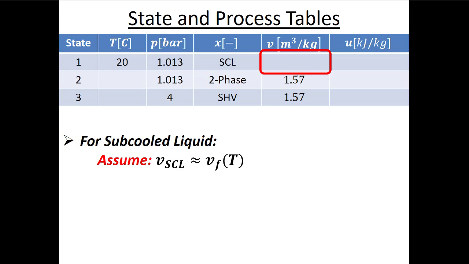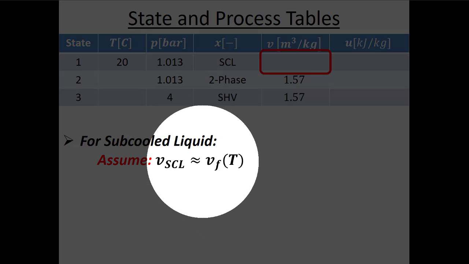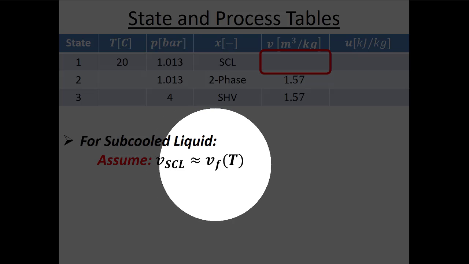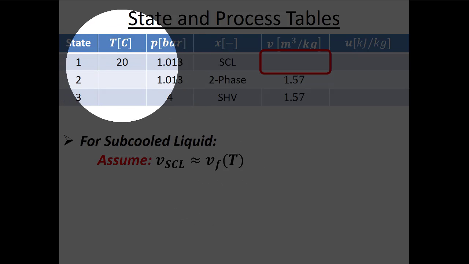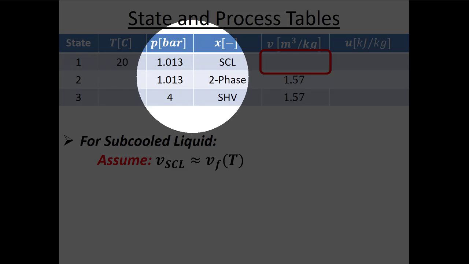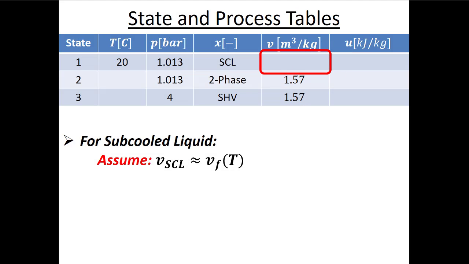So state 1 is a subcooled liquid. And for subcooled liquids, we will approximate every property by assuming that the property of the subcooled liquid is approximately equal to the property of a saturated liquid with the same temperature. So here, my temperature is 20 degrees. I'm going to assume this specific volume is the same specific volume for water that was boiling at 20 degrees at whatever low pressure that is, right?